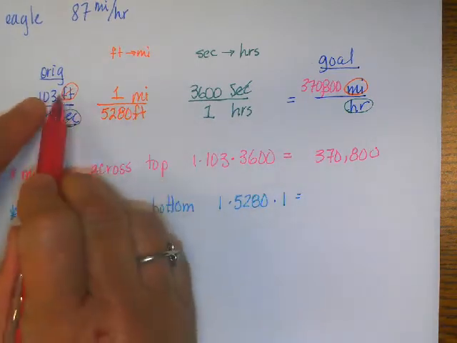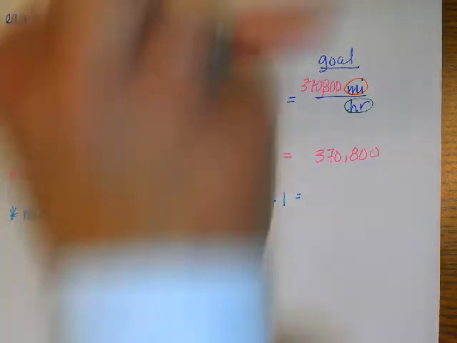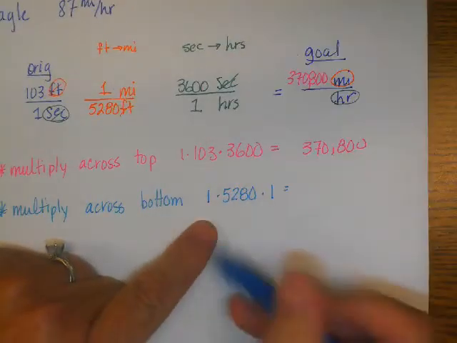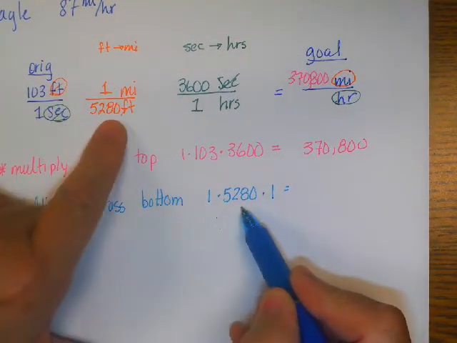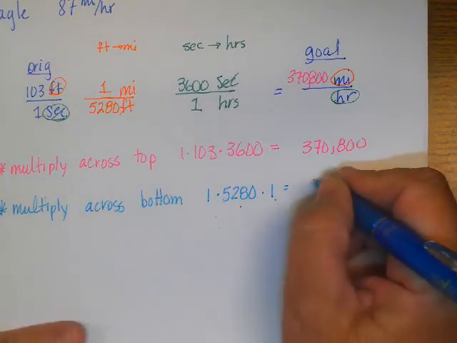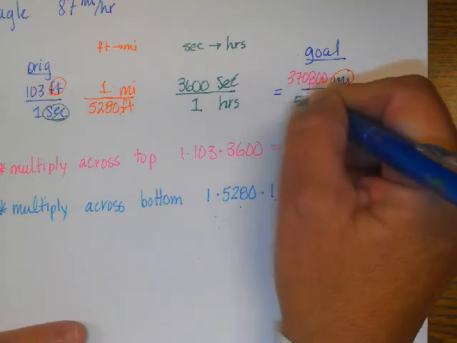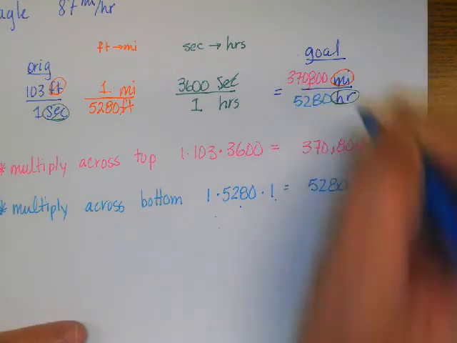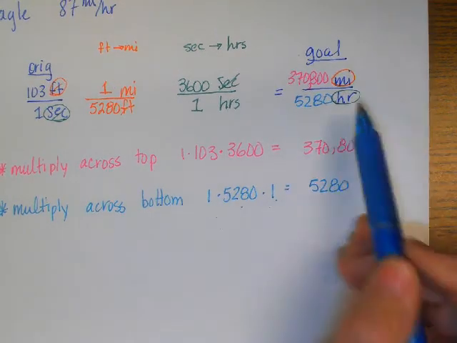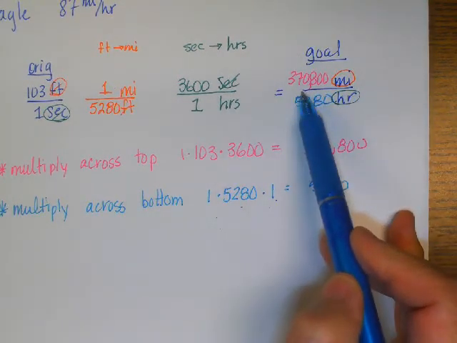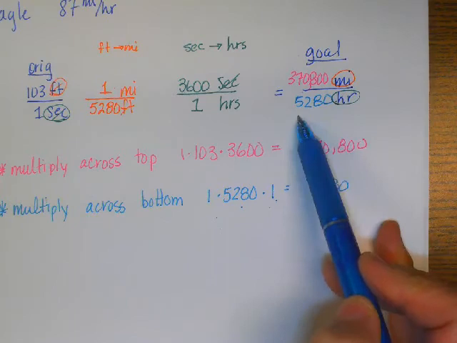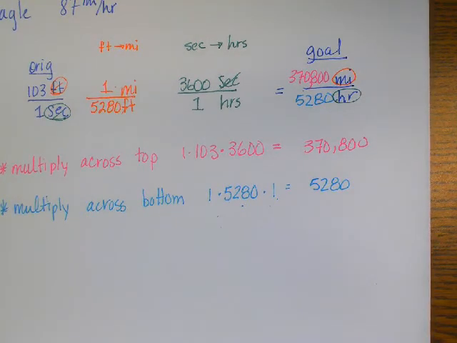I took 103 times 1 times 3,600. Down here, I'm multiplying 1 times 5280 times 1, and I get 5,280. And that goes on the bottom. So this says that the cheetah could fly 370,800 miles in 5,280 hours.